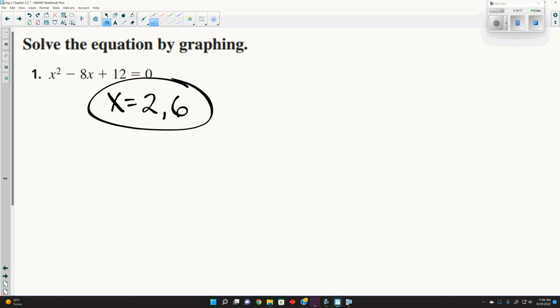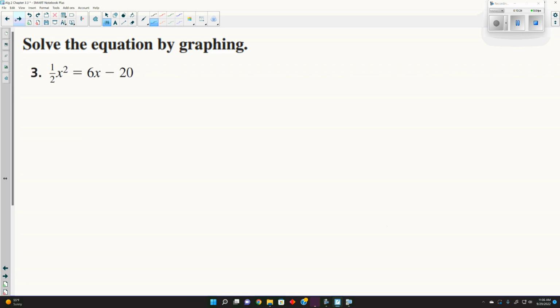Any other questions, guys? Any questions on this here? Let's look at this one here. 1/2 x squared equals 6x minus 20. So what do we need to do for this one here? Well, we need this equal to 0. So what can we do?